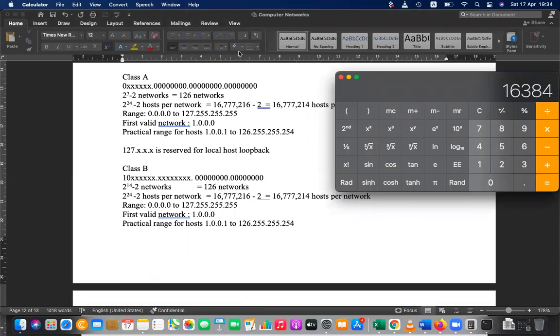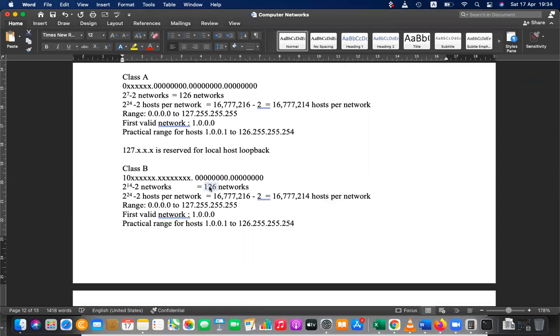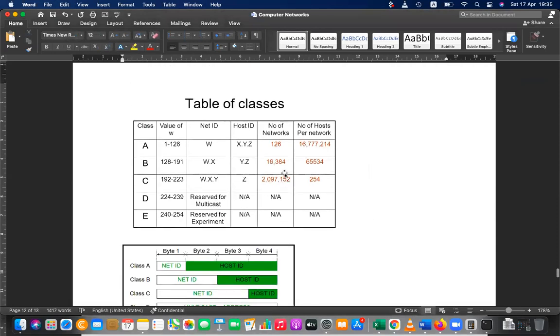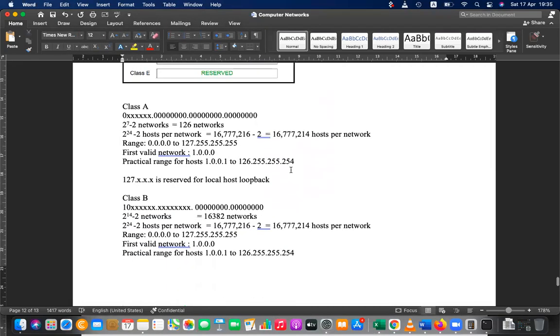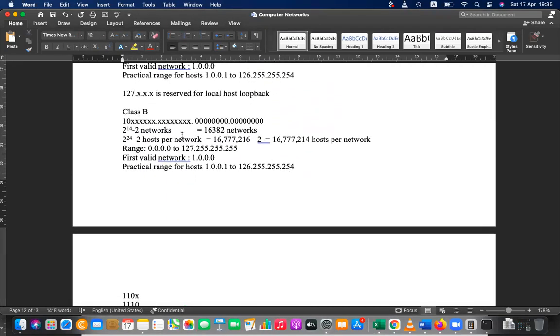16,384 networks, but minus 2 will also come, right? So you can say it is 16,382. See here, it says 384, but the first and last will be ignored. Actually here you can keep the first and last, because the first is not 0, no?